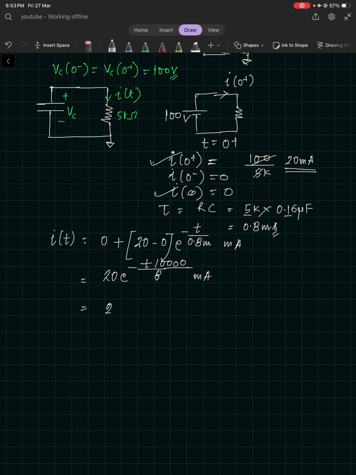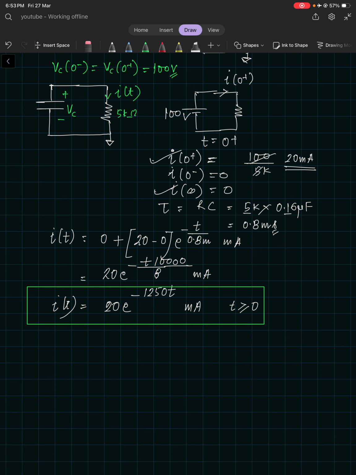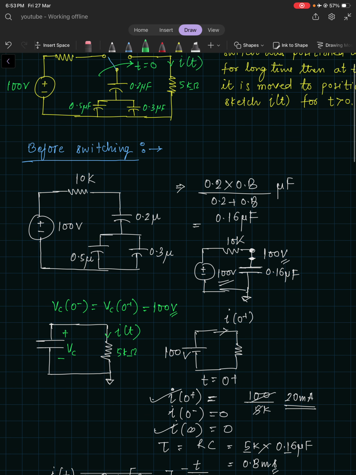Again, it is a matter of numerical solving. So I of t is 20 e to the power minus 1250 t milliampere, for t greater than or equal to 0, because this response is obtained after the switching. So if you see, this is the case, right?